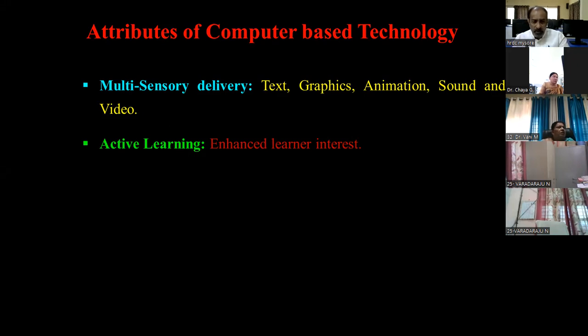So if each text is associated with an image, students will have interest and can learn. Such animation can be supported with ICT, and that definitely makes a student at any level active.